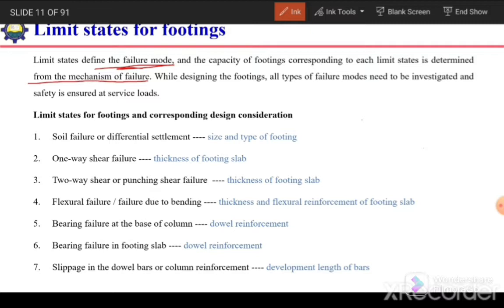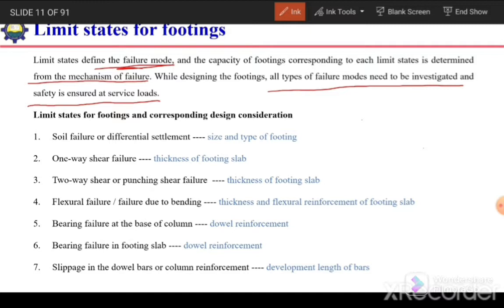So based on the failure type, we can find out the capacity of the footing. While designing the footing, all types of failure modes need to be investigated and safety is ensured at service loads. So let's see what the limit states are in the case of concrete footings and what the design considerations corresponding to those limit states are.